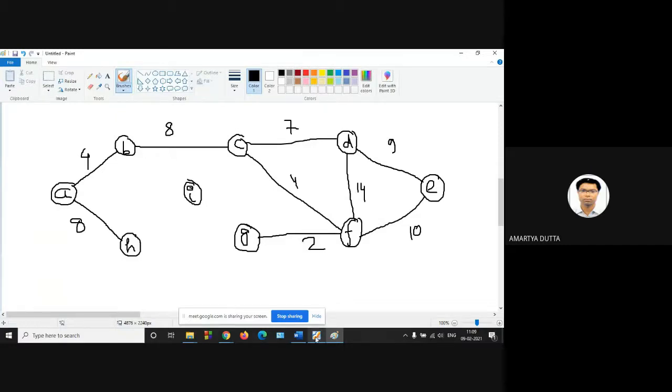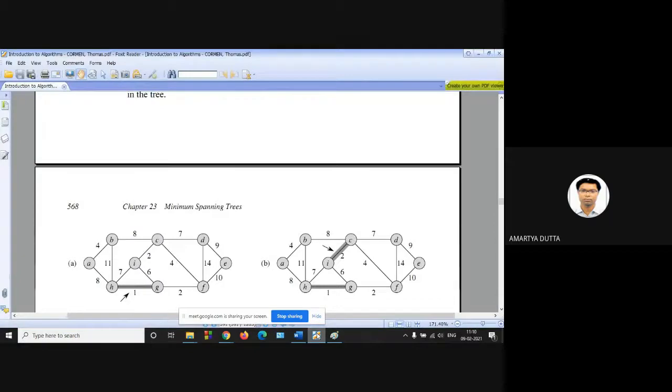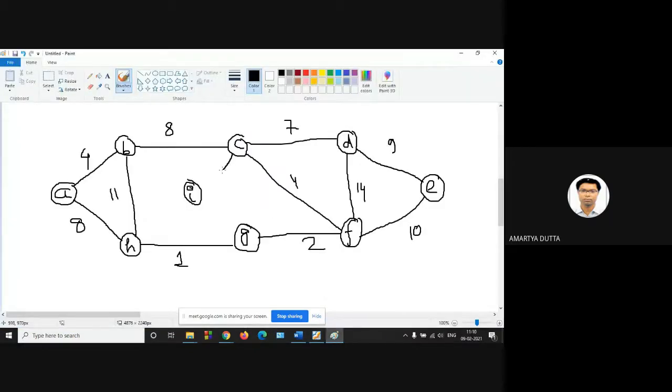Next, H to G. This is 1. Then 11. This is your 11. And this is the 2.